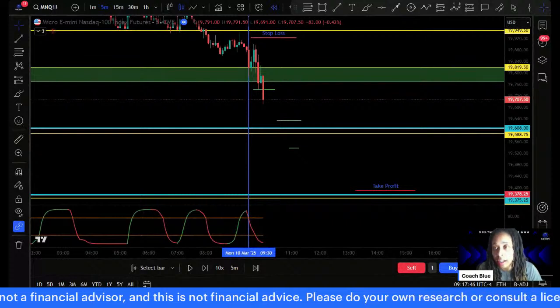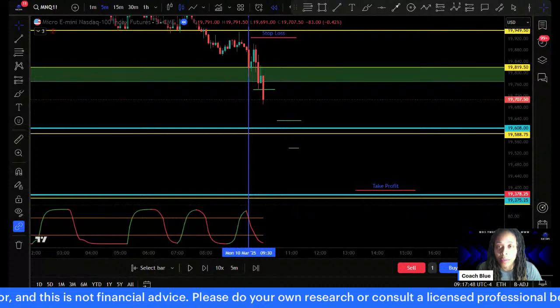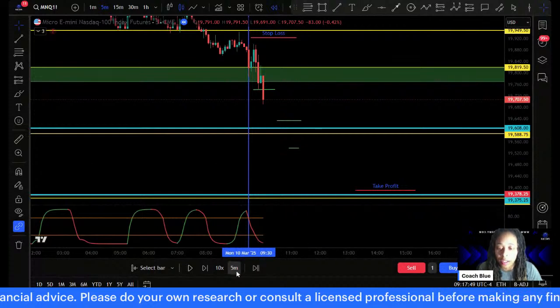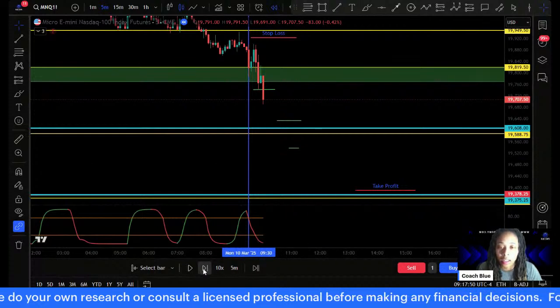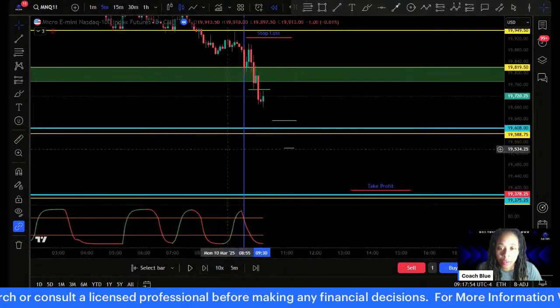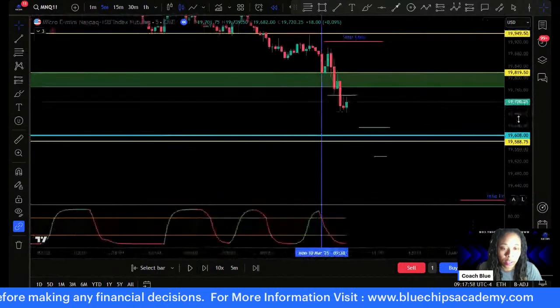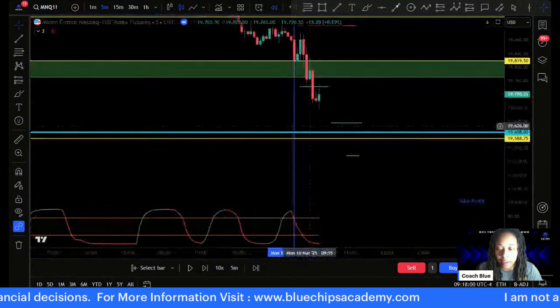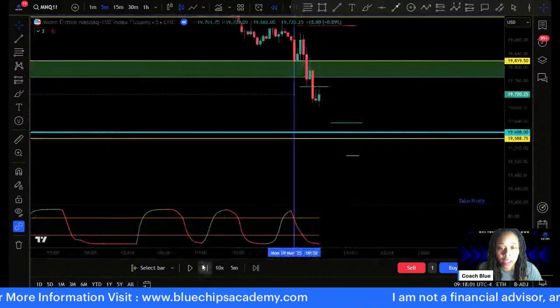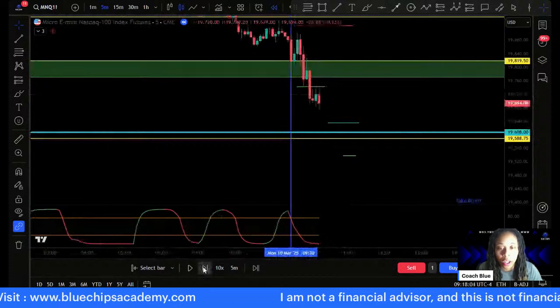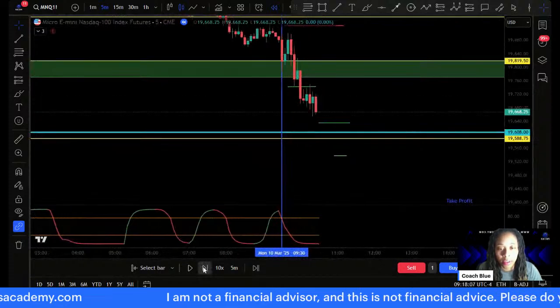All right, so if we go here and play it out, we see that price continued to follow our engulfing candle. We got a little pushback here, and here's our next pullback. As we get a pullback and we get a pivot, we want to adjust our stop loss.